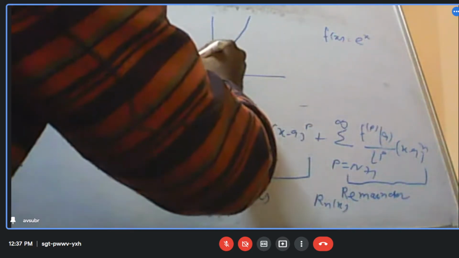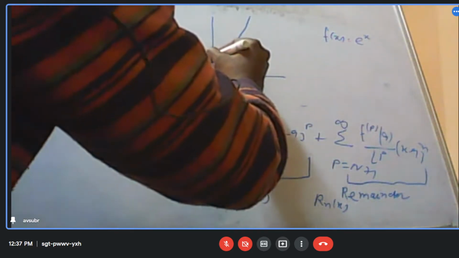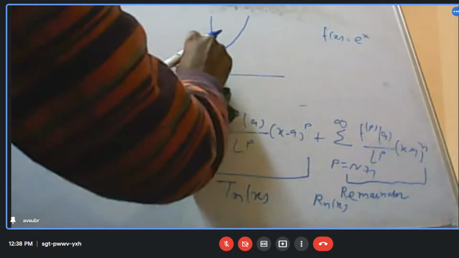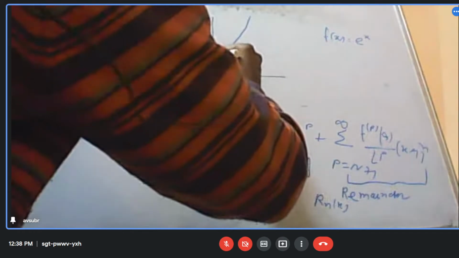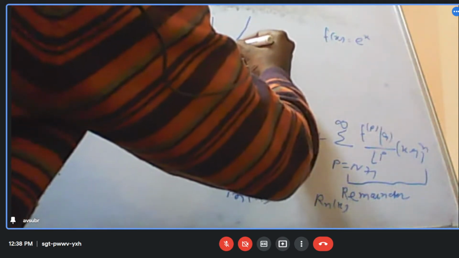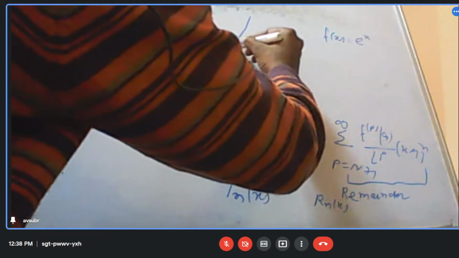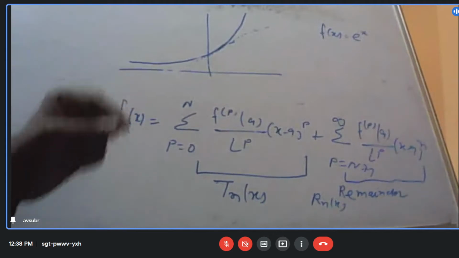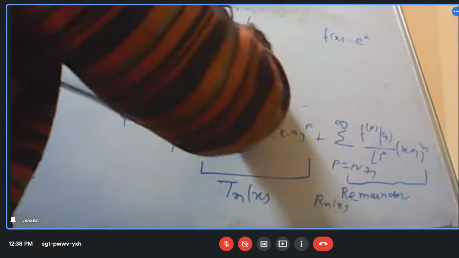Let us take this point, some point x equal to a. I have terminated my Taylor series. This is the state line.